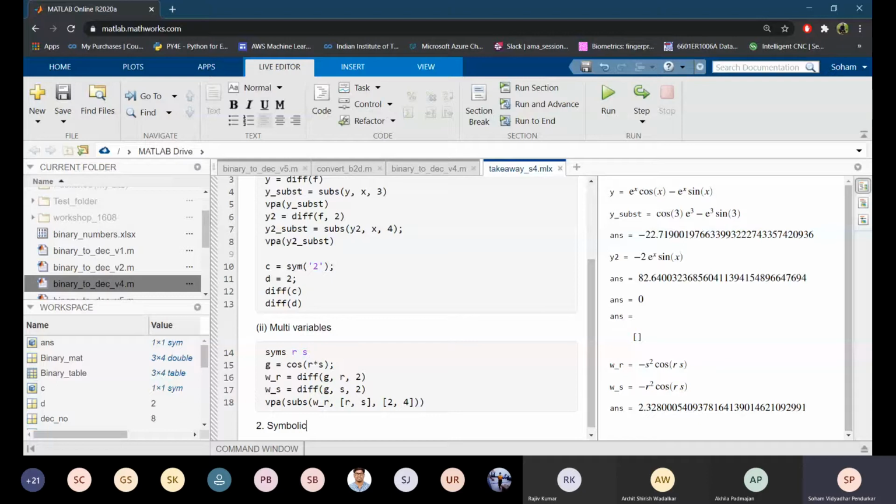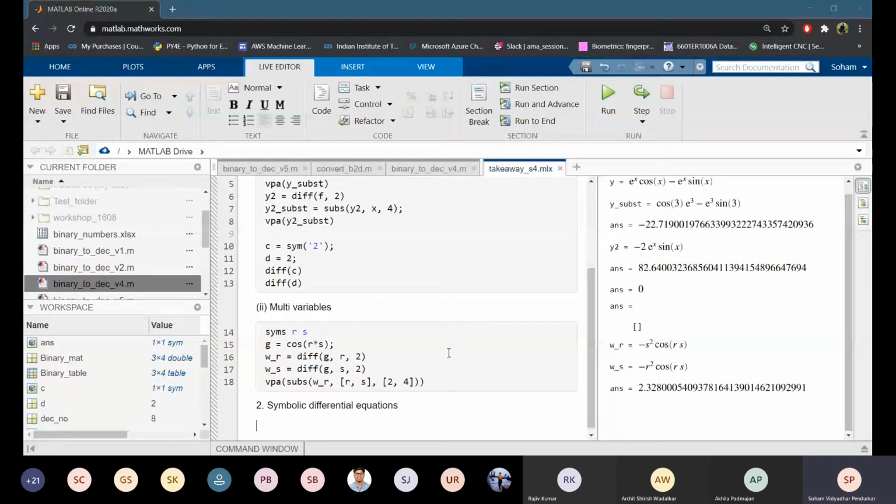First of all, I'll need to define the dependent variable and the independent variable. At first, we don't have to explicitly define that this is independent and this is dependent. There's no syntax for defining these, but we'll define it when we are using the diff function.